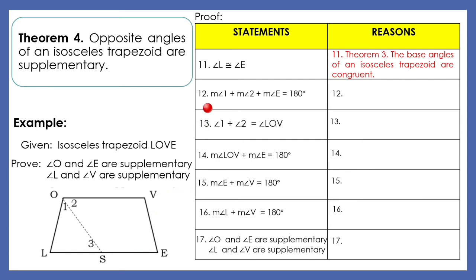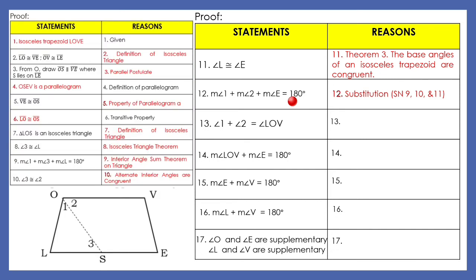For statement number 12, the measure of angle 1 plus the measure of angle 2 plus measure of angle E is equal to 180 degrees. So, gagamitin natin yung statement number 9, 10, and 11. Sasubstitute natin.